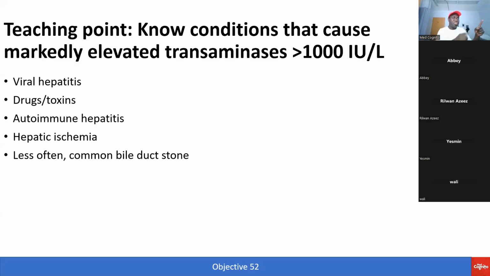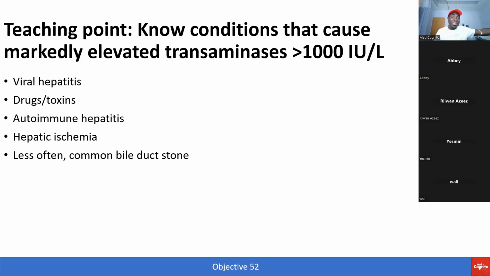Then after that, you ask yourself, is the question giving me anything in there? For example, if there's a question about somebody who has very bad migraine headaches, and the migraine has subsided, but then the patient's LFTs are elevated, what do you think about?